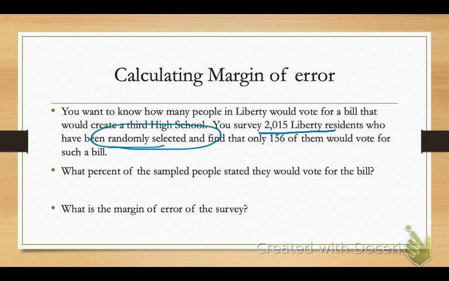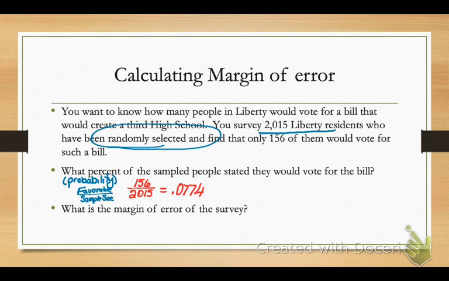They're saying, what percent of the sampled people stated that they would vote for the bill? Well, what they're asking me is what the probability is. And remember, probability is favorable divided by sample size. In this case, our favorable are people that said they would vote for the bill. That's 156, and our sample size was 2,015. So I'm going to use my calculator and divide those, and I'm going to get a decimal. I'm going to round my decimals throughout this whole thing to 3 decimal places.